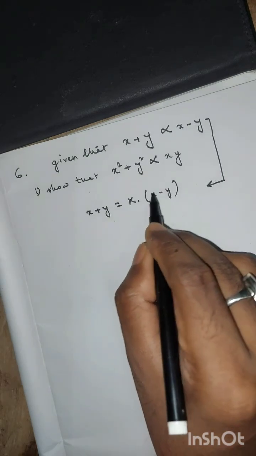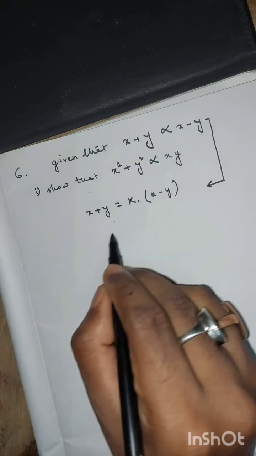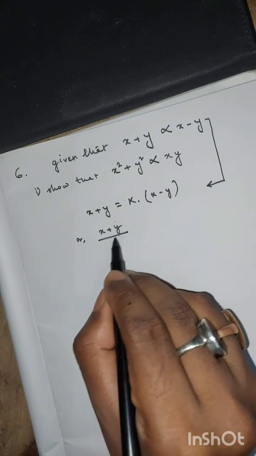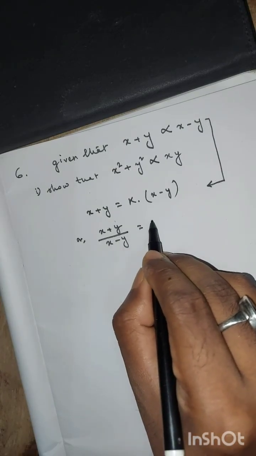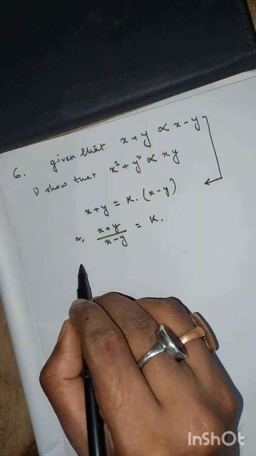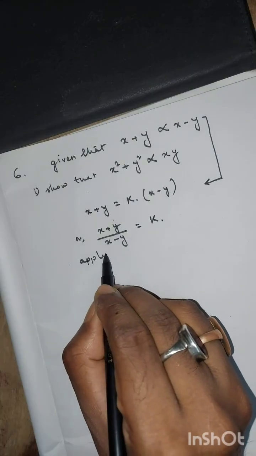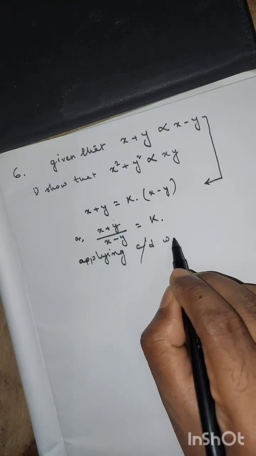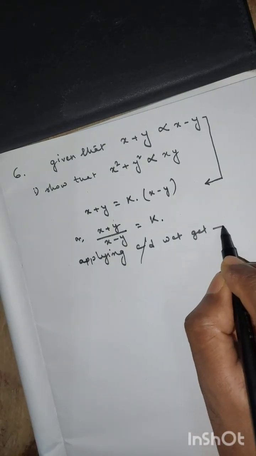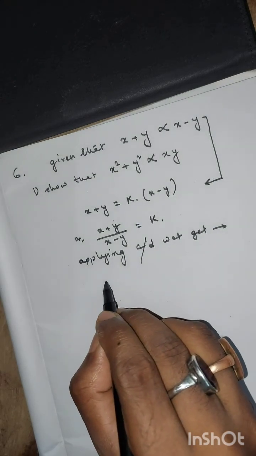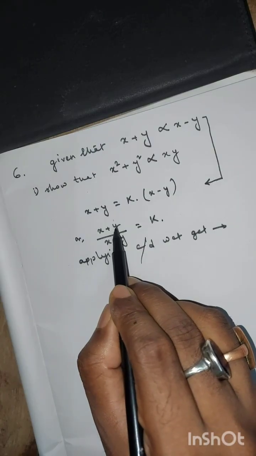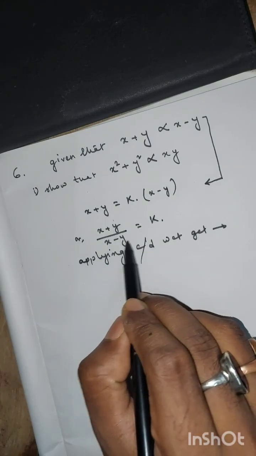Now taking this thing to the left side, we get x plus y by x minus y equal to k. Now we can apply componendo dividendo. Componendo dividendo means we have to add denominator to numerator and we have to subtract the denominator from numerator.